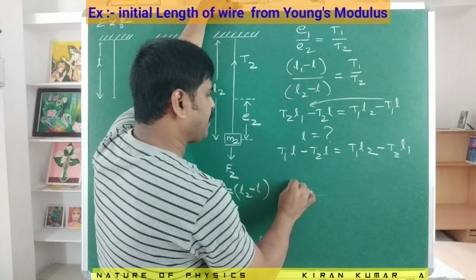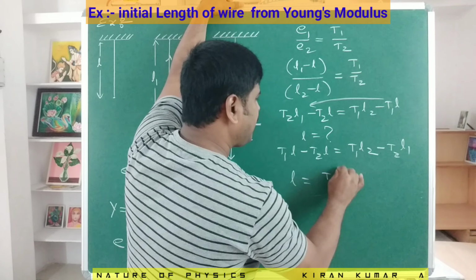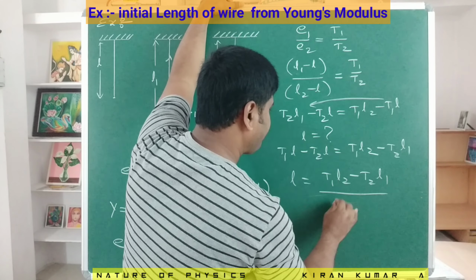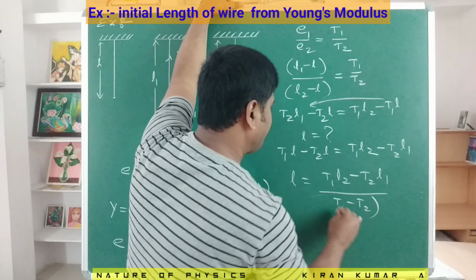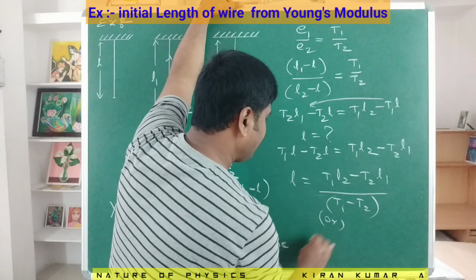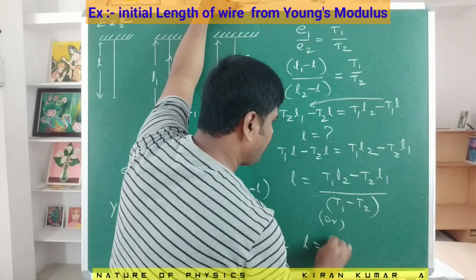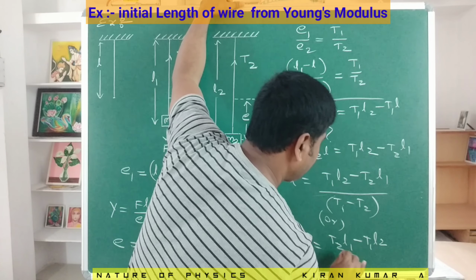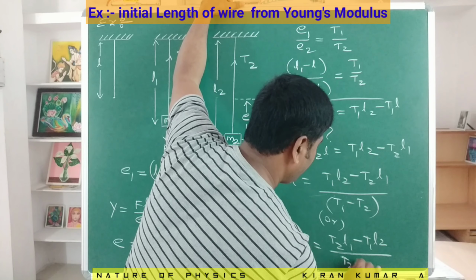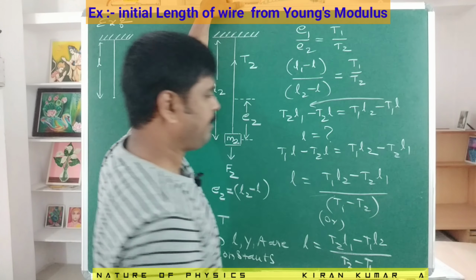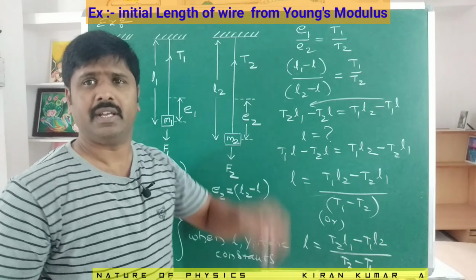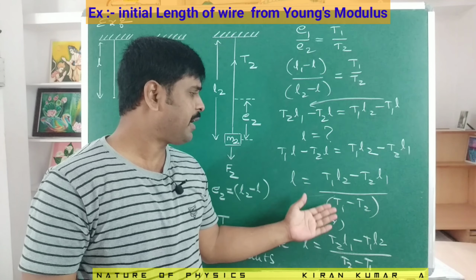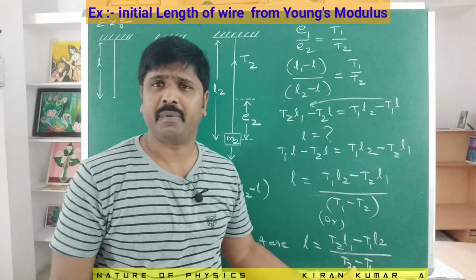Here L is common, so L is equal to T1 L2 minus T2 L1 divided by T1 minus T2, or we can write L is equal to T2 L1 minus T1 L2 divided by T2 minus T1. Anyhow, both are the same equations, just a minus common in numerator and denominator.